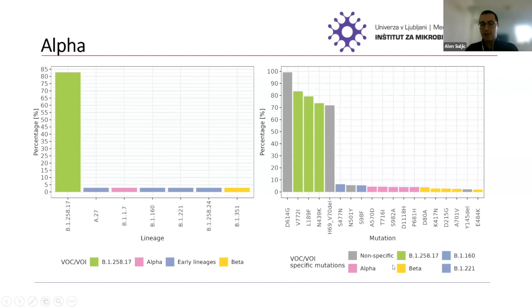Using the SpikeScreen, along with that, we can also see that two of the earlier lineages, B.1.160 and B.1.221, we detected also the characteristic mutations of these early lineages.